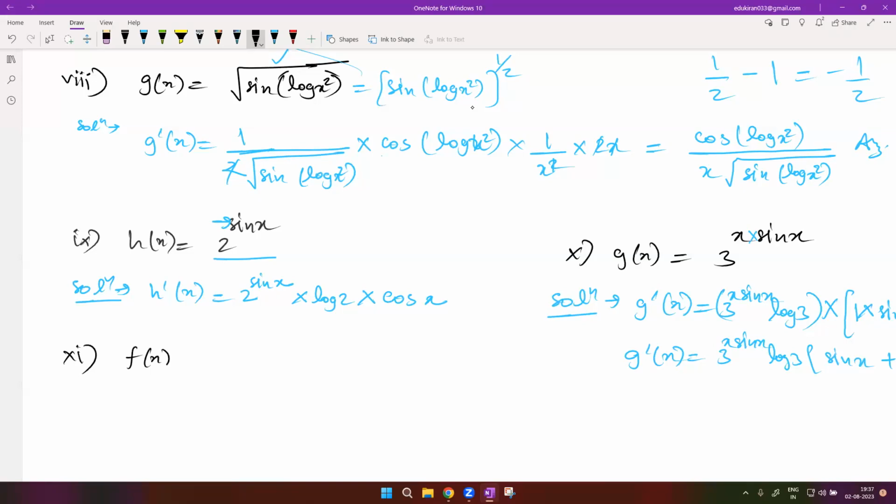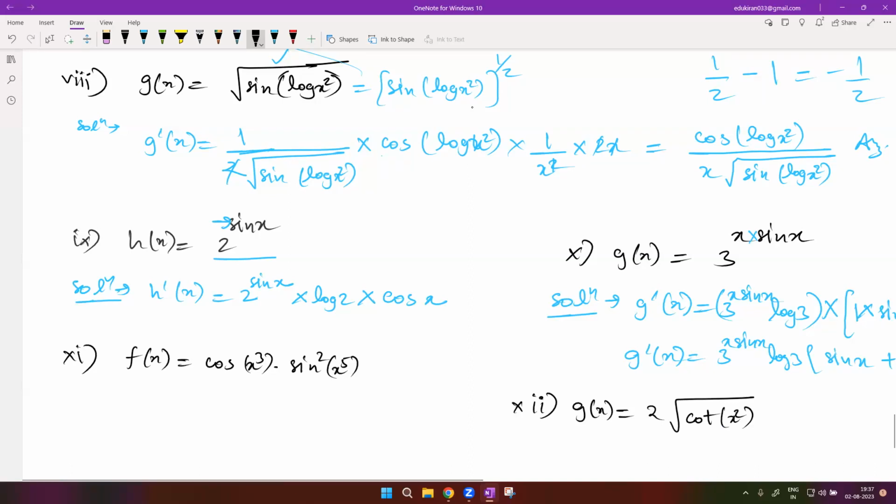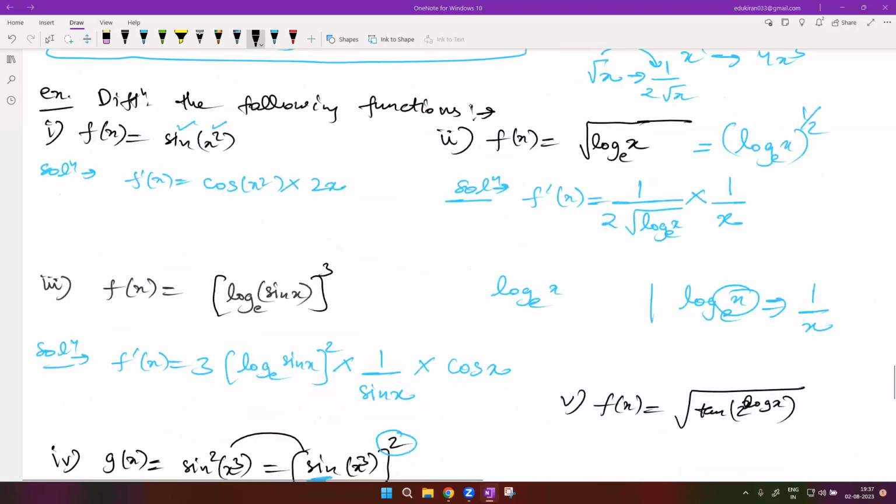So let's say the function f(x) is... The heading was chain rule actually.